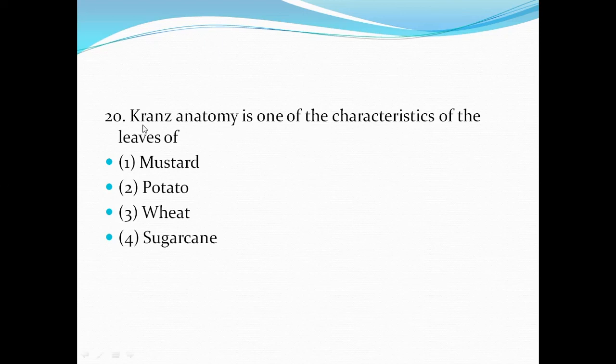As you know very well, Kranz anatomy is found only in C4 plants. Of these, the C4 plants are sugarcane, sorghum, maize, and millets. All of them exhibit the C4 pathway. So your answer is sugarcane, whereas mustard, potato, and wheat show the C3 pathway. This is the only C4 plant here.